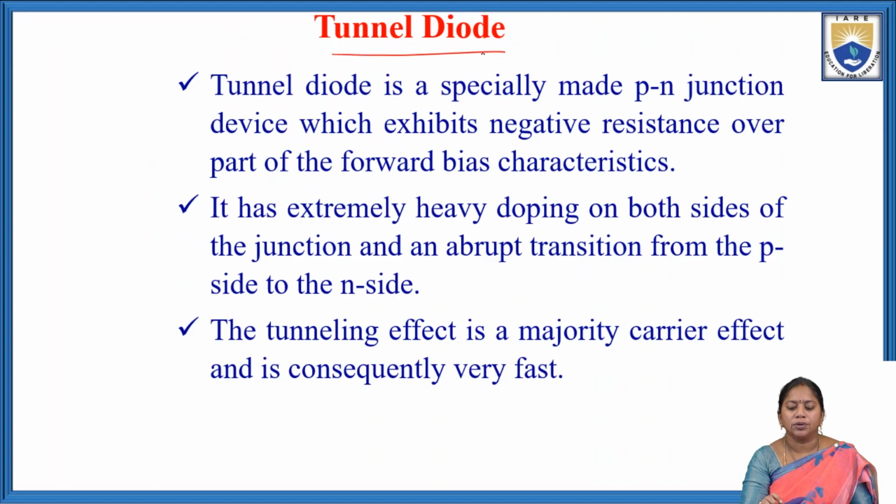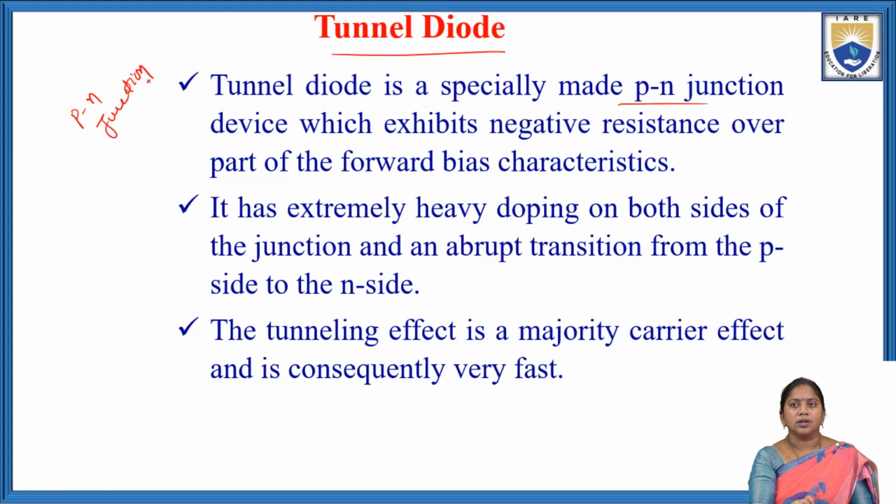What is a tunnel diode? A tunnel diode is a specially made PN junction device which exhibits negative resistance over part of the forward bias characteristics.